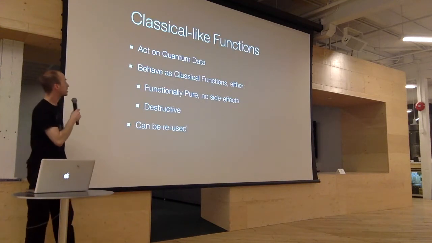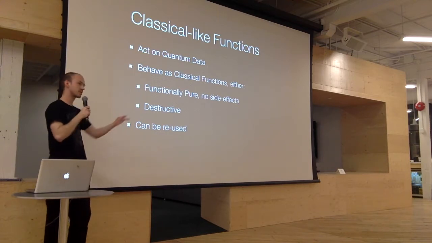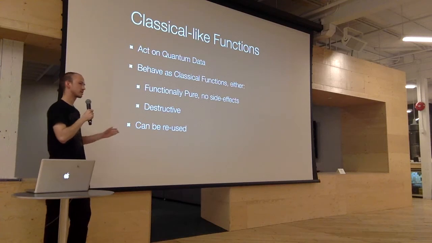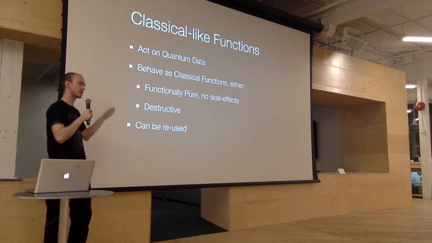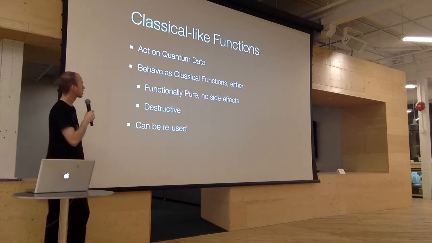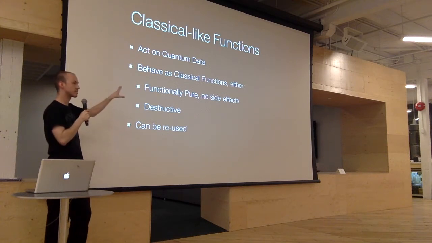So back to the functions. The classical-like functions, again, this actually ties into your question. These are written and exist entirely on the classical interface, but they do operate on data that may exist only within the quantum computer. So these functions only act on quantum data.